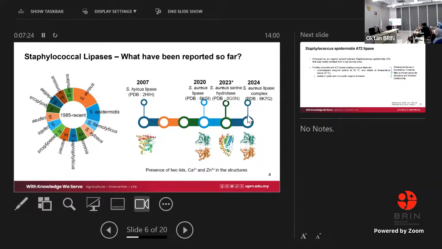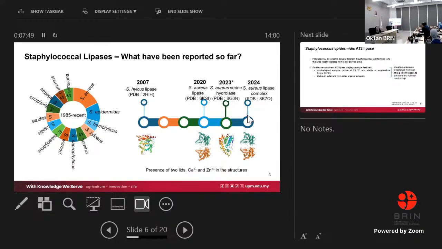The first structure deposited in the Protein Data Bank was Staphylococcus hyicus lipase in 2007, and we can see a huge gap between 2007 and 2020, when the second structure was reported. The second structure deposited is from Staphylococcus aureus lipase.